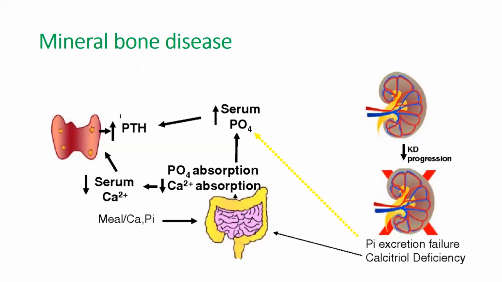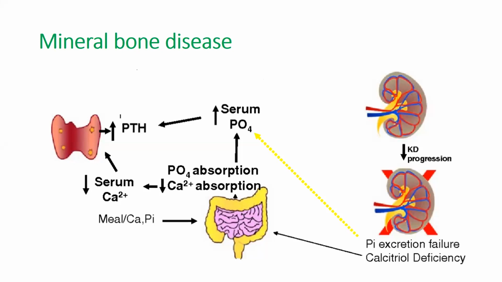And when this happens, your high PTH levels go and affect the bone, where there will be a lot of resorption to produce more and more calcium into the system. So your bones are going to get affected. So you end up with this entity called mineral bone disease of chronic kidney disease. We will discuss this a lot deeper when you come into your 4th year.